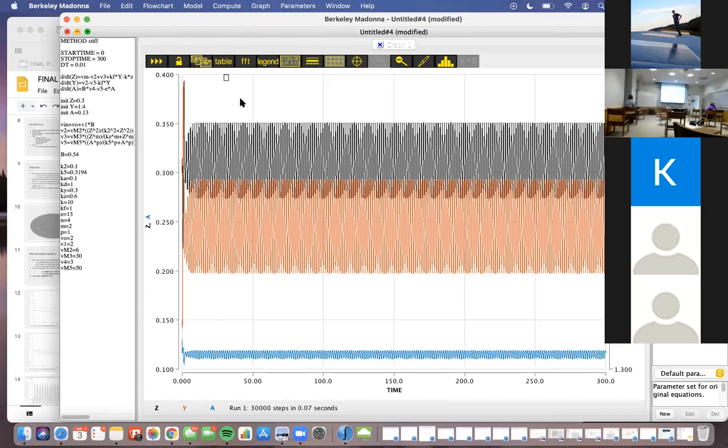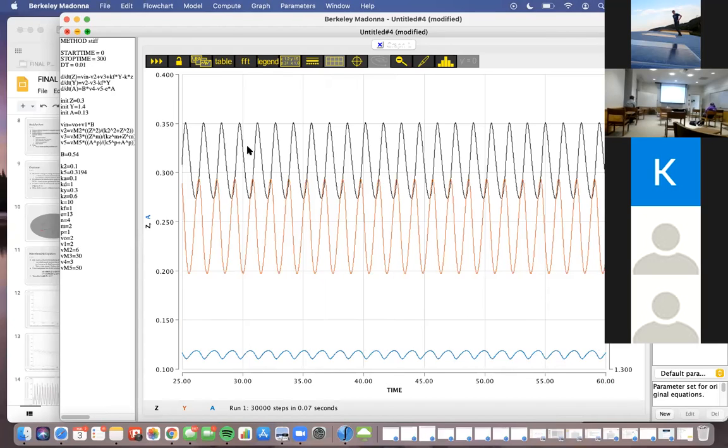I'll zoom in for you, you can see that there are different oscillations, and the black is the cytosol, the red represents the endoplasmic reticulum calcium, and the blue is the IP3 receptor concentration. So those are the 3 different variables that I looked at here, and you can just see how it's supposed to look. Those oscillations are supposed to look like this or close to this.